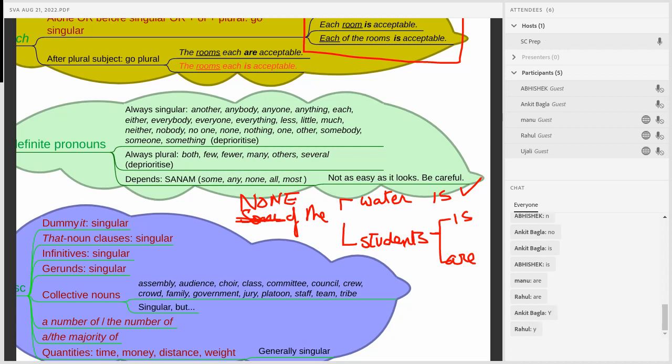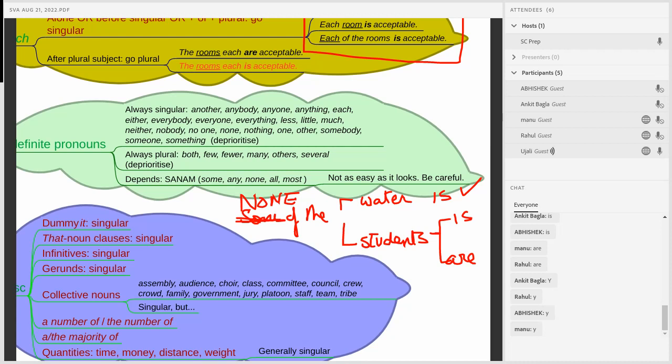Okay, Ankit's okay with it. Rahul's okay with it. Yeah, because I really can't do better, as we don't really have any information on which to base our advice. This is pretty much the best I could do. Manu and Ujali, quick check. Manu's also okay with it.